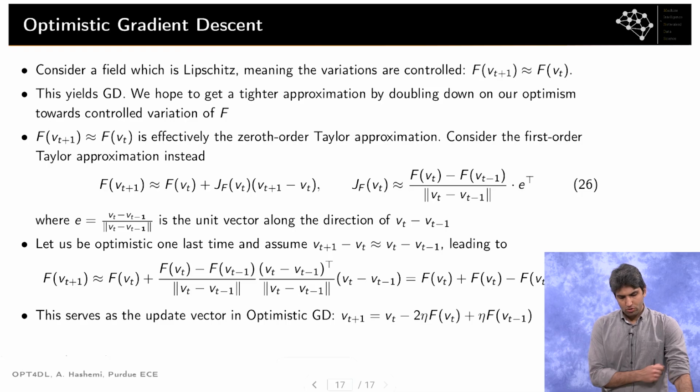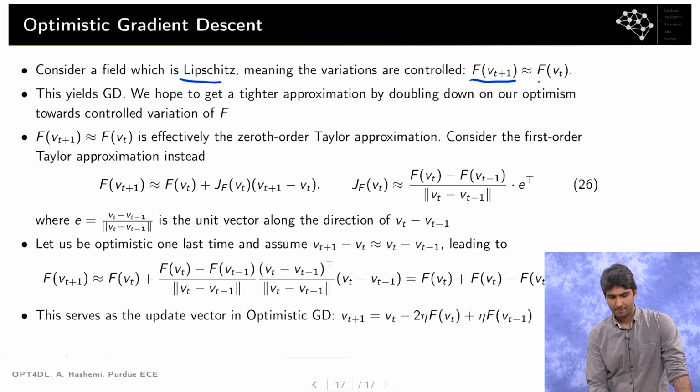To motivate optimistic gradient descent and the name optimism, let's consider that we have a field, capital F, which is Lipschitz. That means that the variations are controlled, such that approximately the gradient at time t plus 1 is approximately the gradient at time t. Naturally this approximation becomes tight or loose depending on how Lipschitz the gradient is.